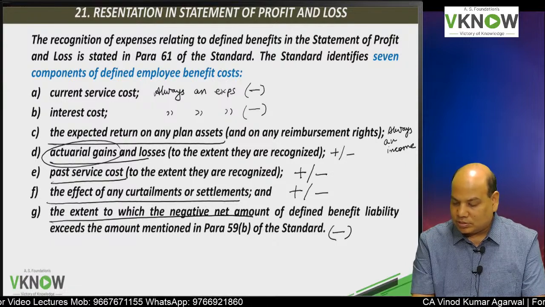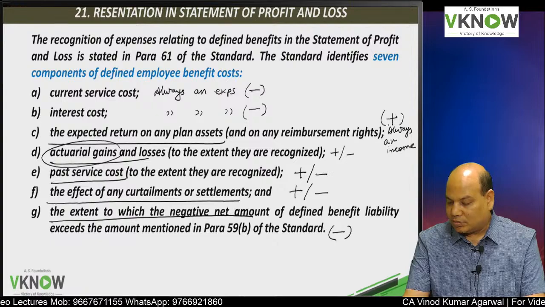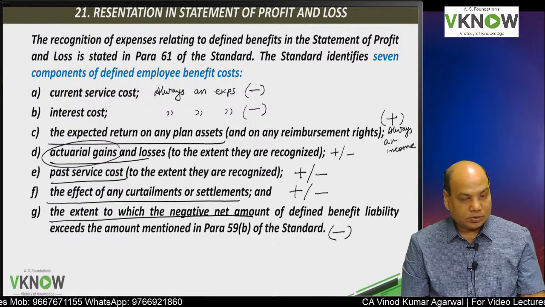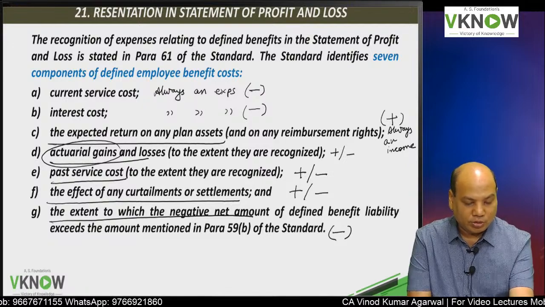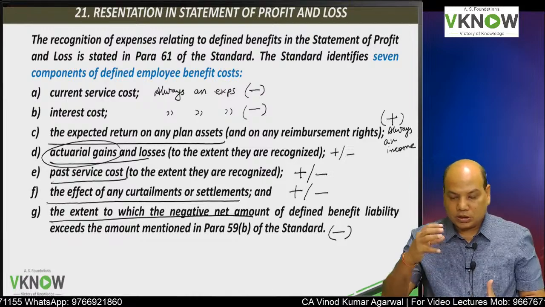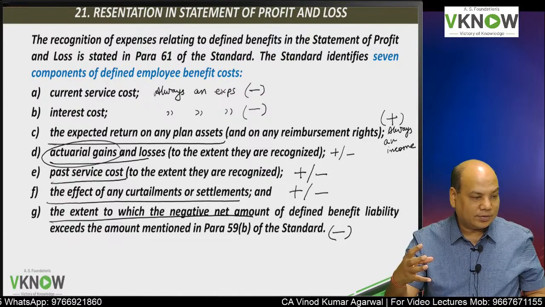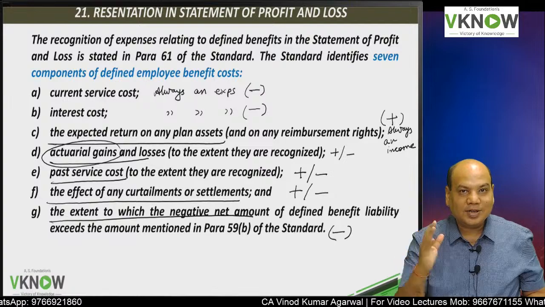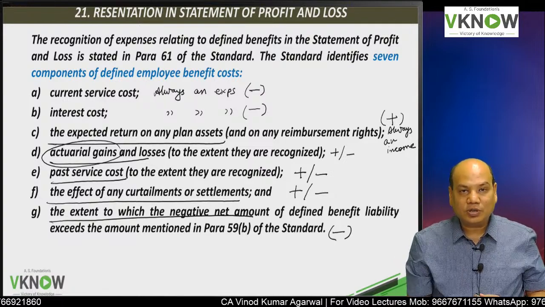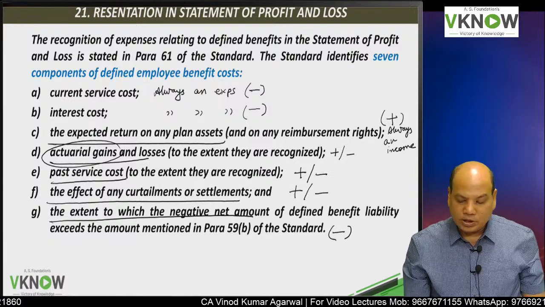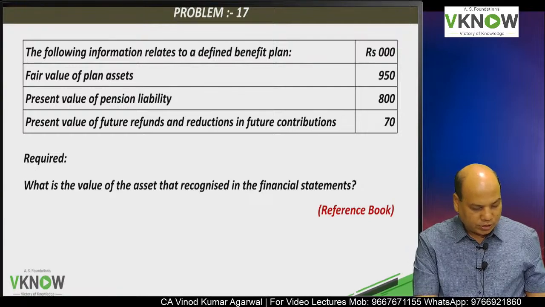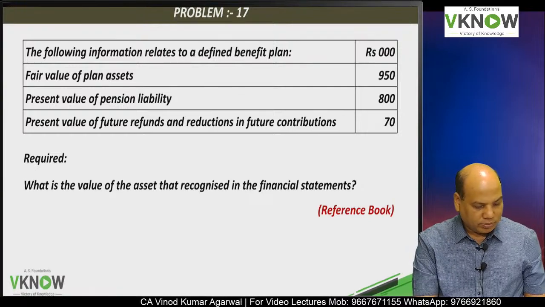So minus sign means loss, plus sign means gain. If you want, you can write this. This will not be explained in your study module or any other notes. The net total of these 7 items is presented in the profit and loss account as employee benefit cost under defined benefit obligation. Now we are going to take one question after so many minutes.